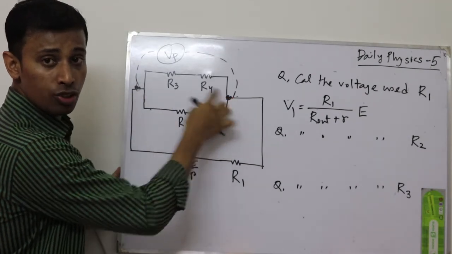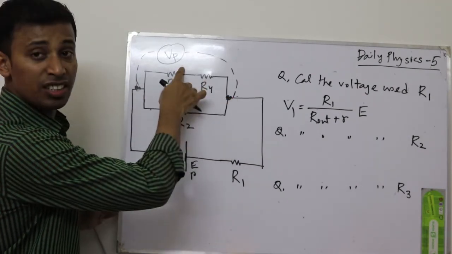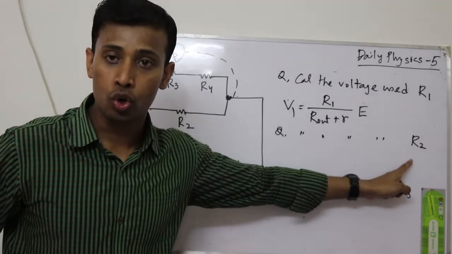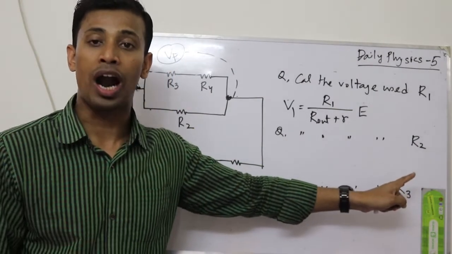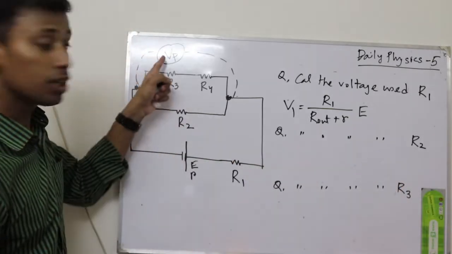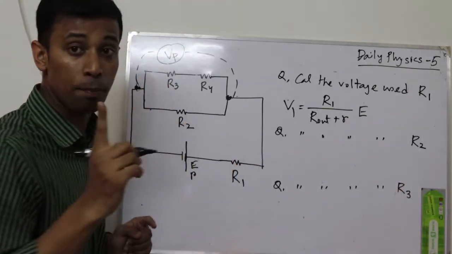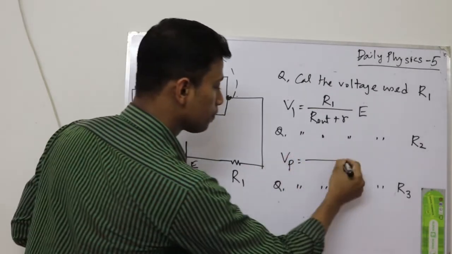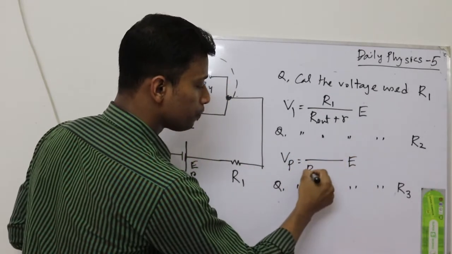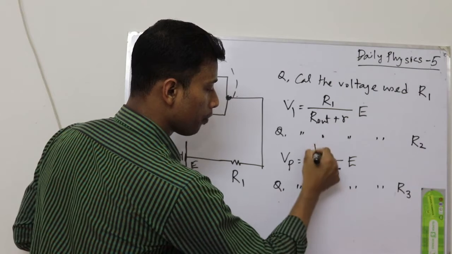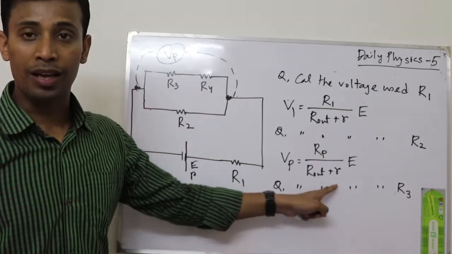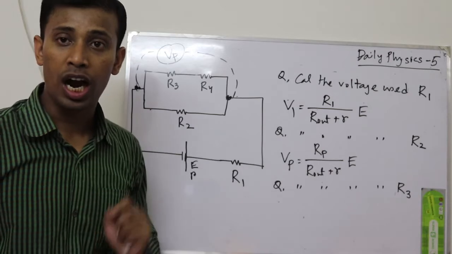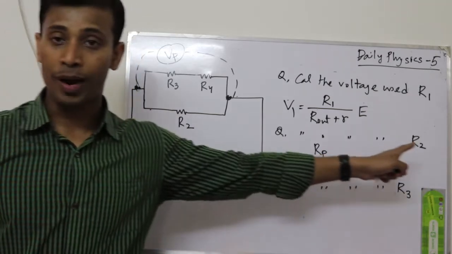So between these 2, we have a voltage difference Vp. So the voltage used by R2, or the voltage difference through R2, is nothing but Vp, as a part of a parallel line. So how do we get Vp? We already know Rp over R plus Rp into E. So for Vp, we have to put here Rp. That's the voltage used by R2.